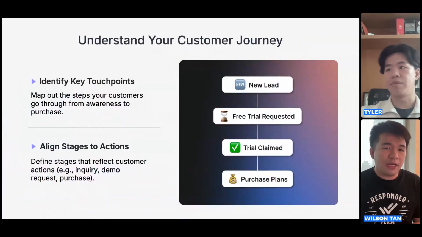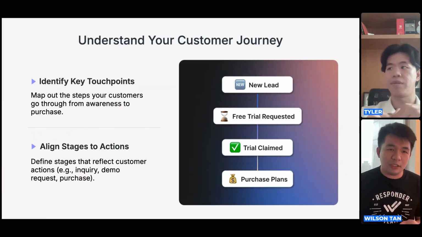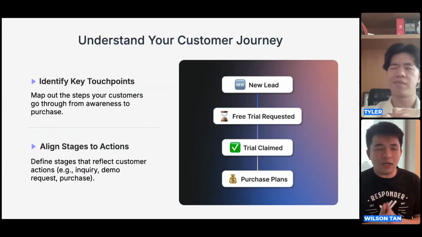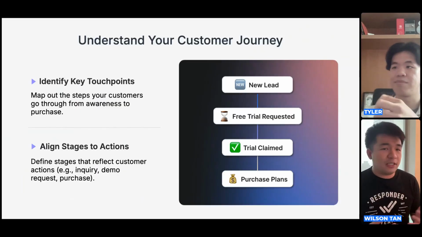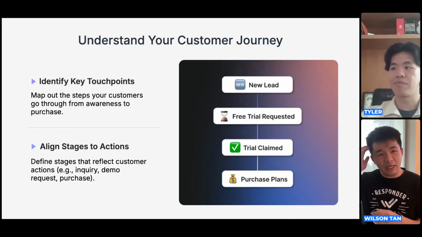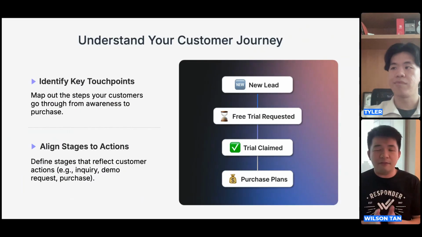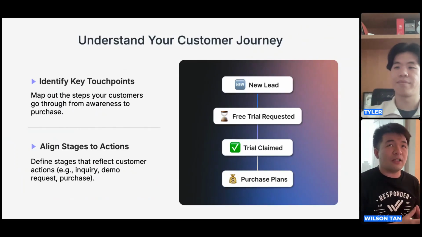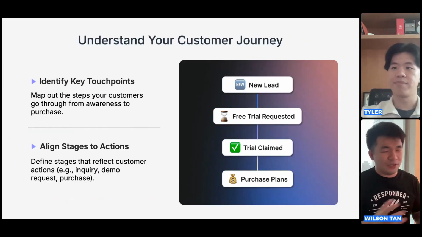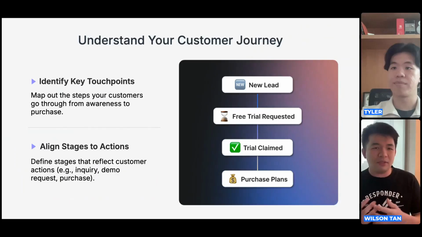So the first point is to understand your touch points. You can start by just mapping your full customer journey. For example, one of our customers in the education sector defined their stages like this. When customers make their first contact with the business, of course, they are new leads. So the first conversion goal is to get these new leads to book a trial.